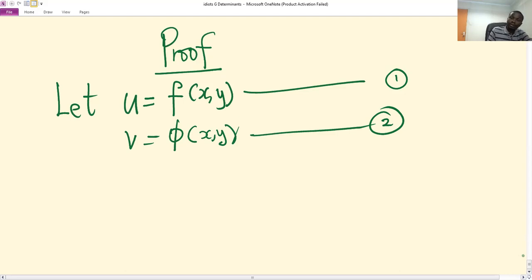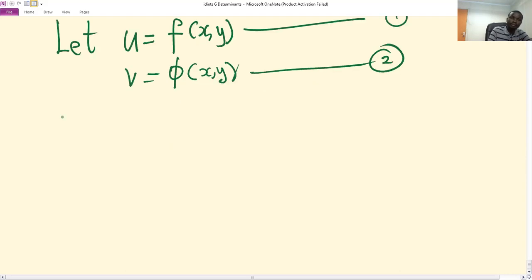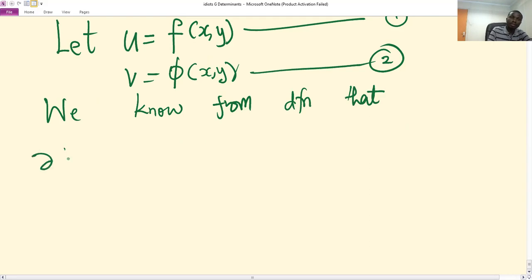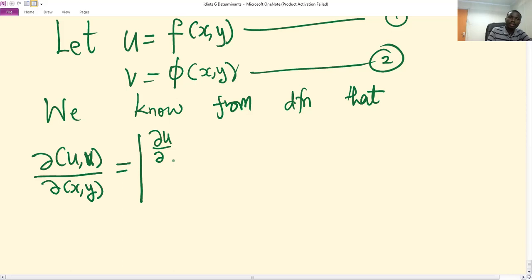Now, we know from definition that the Jacobian of u, v with respect to x, y is given by the determinant: partial u partial x, partial u partial y, partial v partial x, partial v partial y.